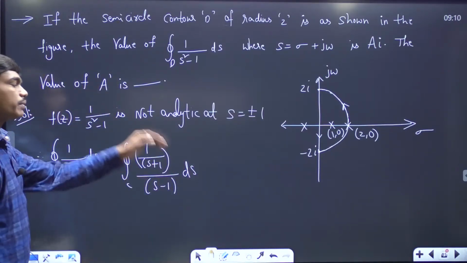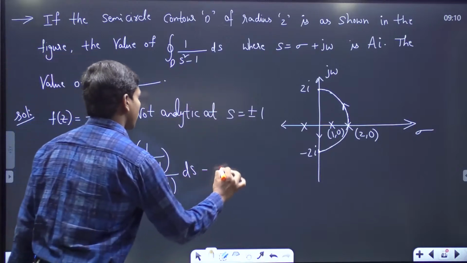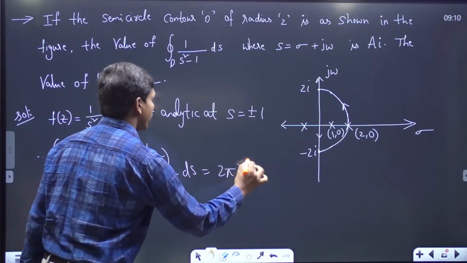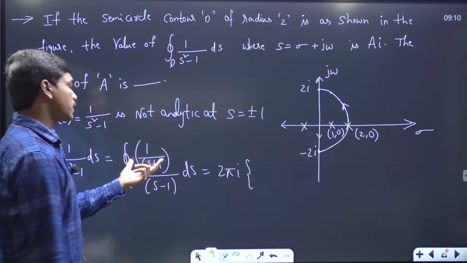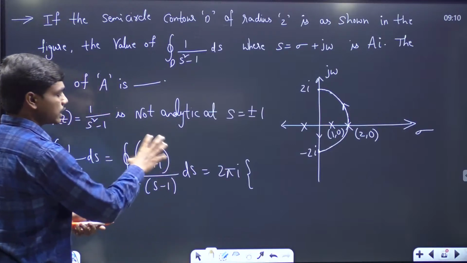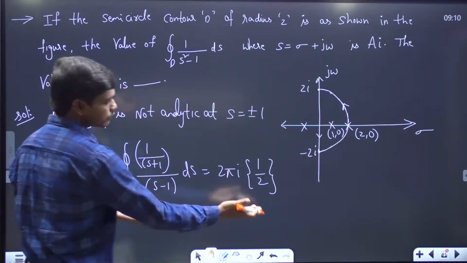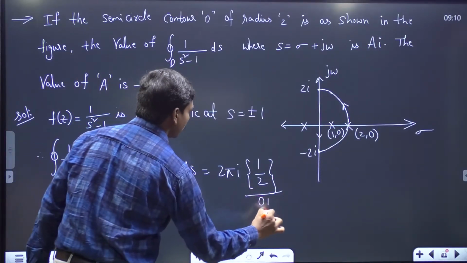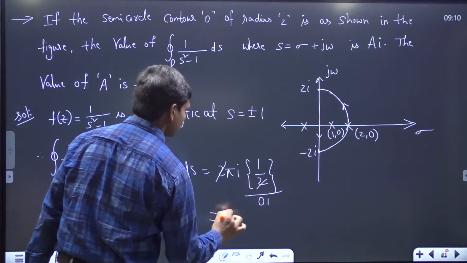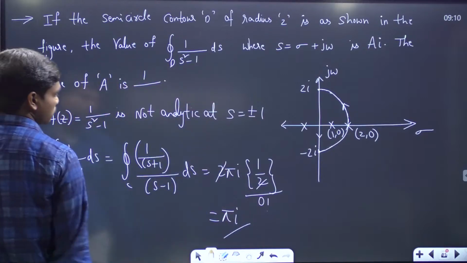And this function 1 by s plus 1 is continuous and differentiable at every point within this path C. So the answer for this is 2 pi i into this function at s is equal to 1. The value of this function at s is equal to 1 is 1 by 2, by 0 factorial. So 2 gets cancelled, pi i is the answer. So if this is A, the value of A is pi.